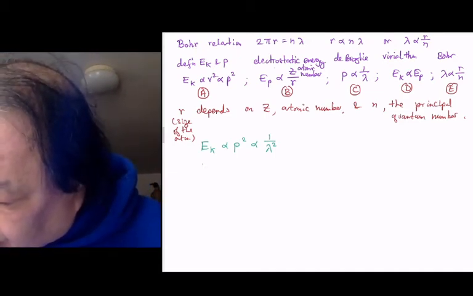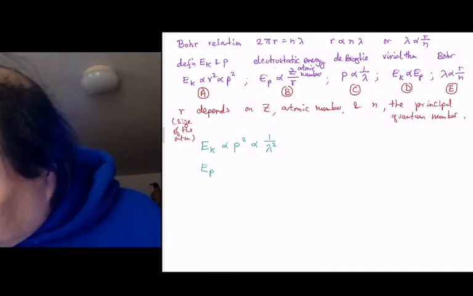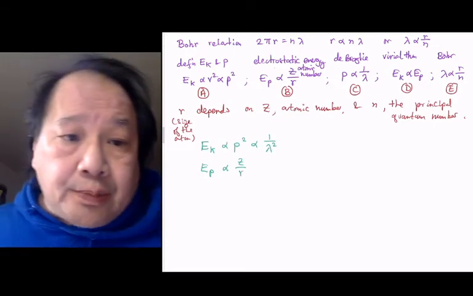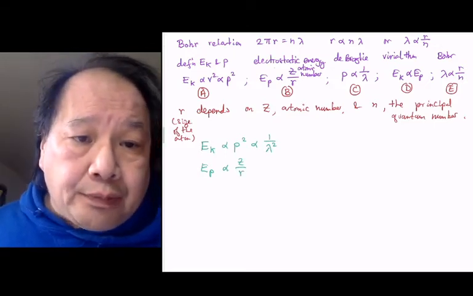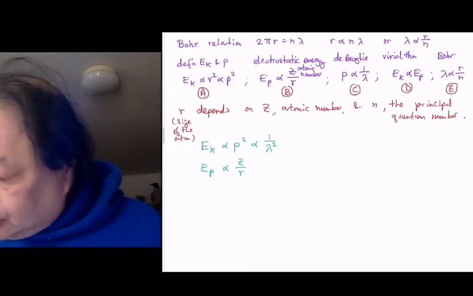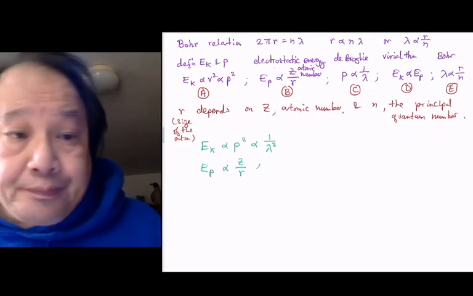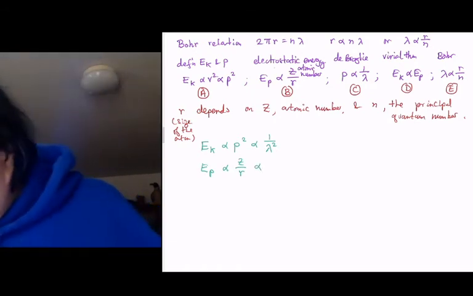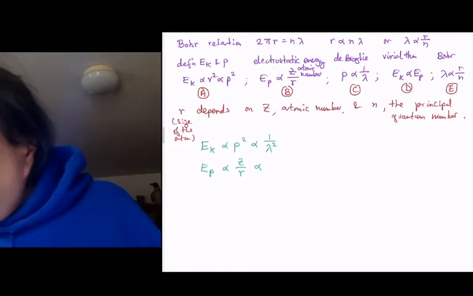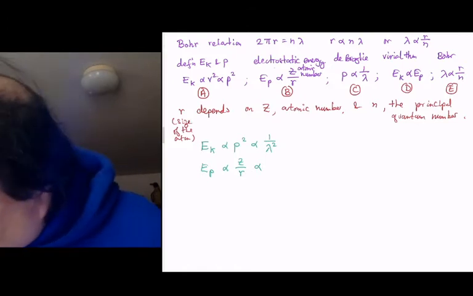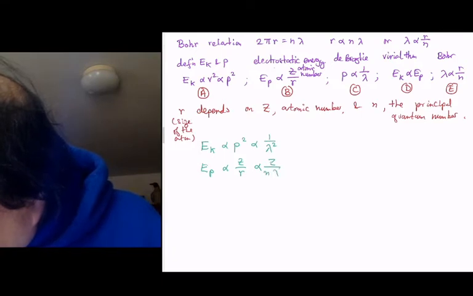Now let's look at the potential energy. Potential energy is proportional to Z over R. Which relationship is that? A, B, C, D, or E? EP is proportional to Z over R. It's relationship B. And for R, we're going to substitute nλ.